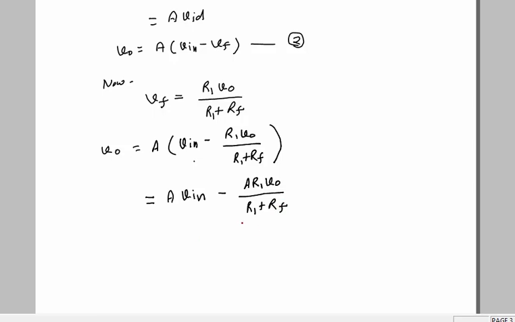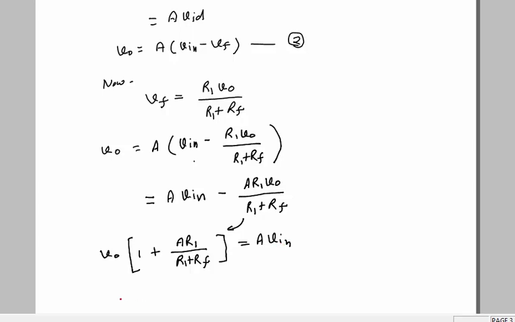Now if we take these terms to the left hand side and take V naught common, we get V naught times (1 plus A R1 divided by R1 plus RF), and on the right hand side the remaining is A V in.